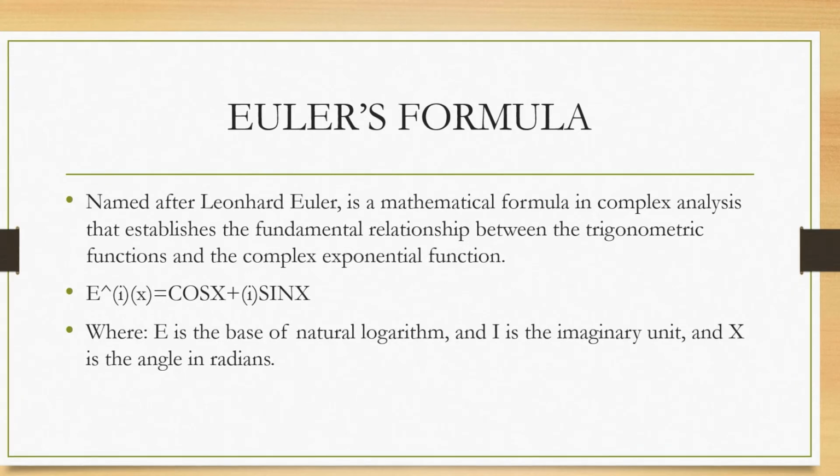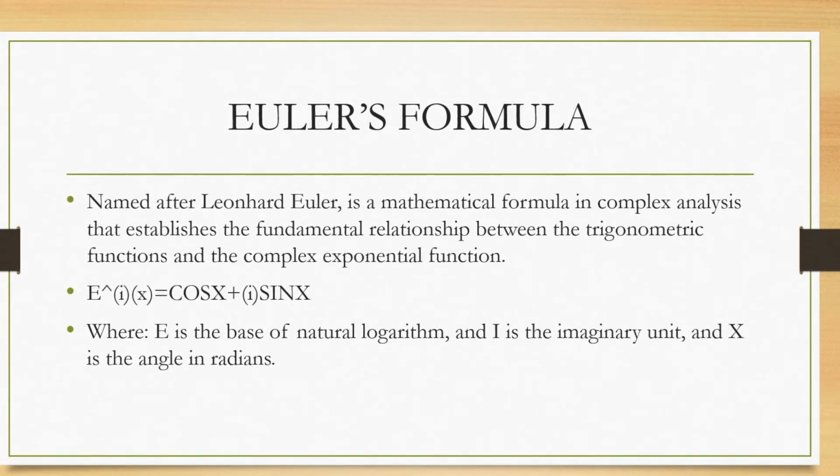Euler's formula relates the complex exponential to the cosine and sine functions. This formula is the most important tool in AC analysis. It is why electrical engineers need to understand complex numbers.